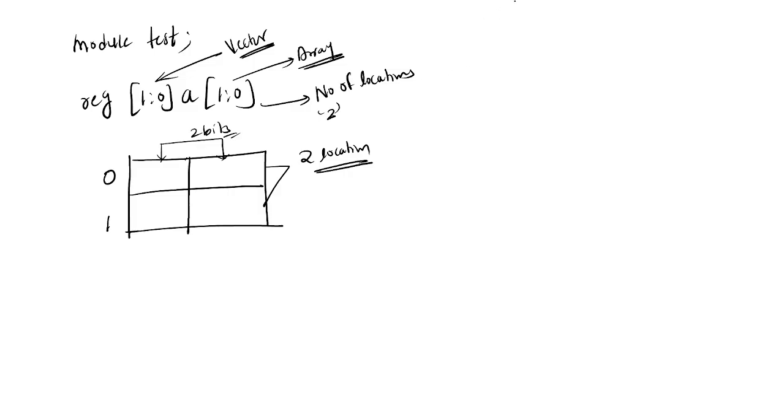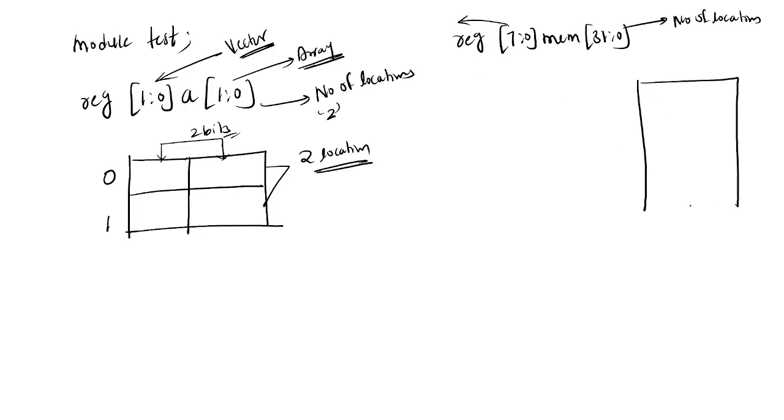Suppose with the help of these arrays and vectors, reg 7 down to 0, mem of 31 down to 0. These are the number of locations, and this is the depth: a total of 32 locations, 0, 1 and so on up to 31.